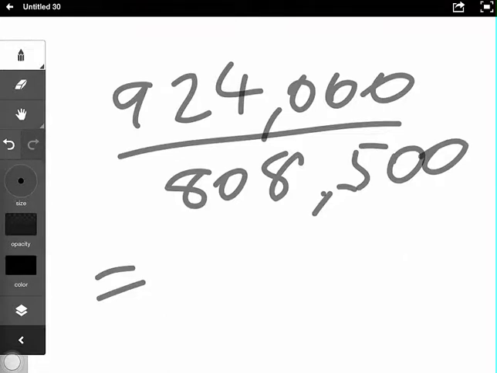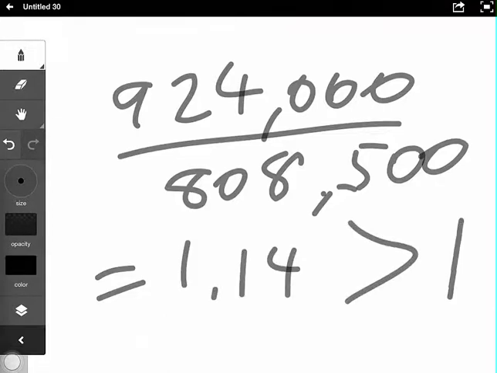So we get this ratio. The ratio is 1.14, which is greater than 1. So this is okay. This project is economically feasible.